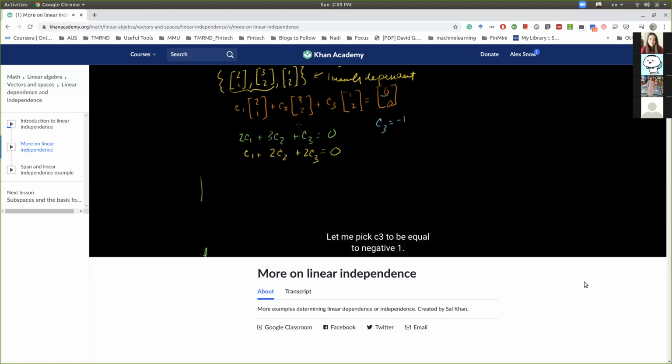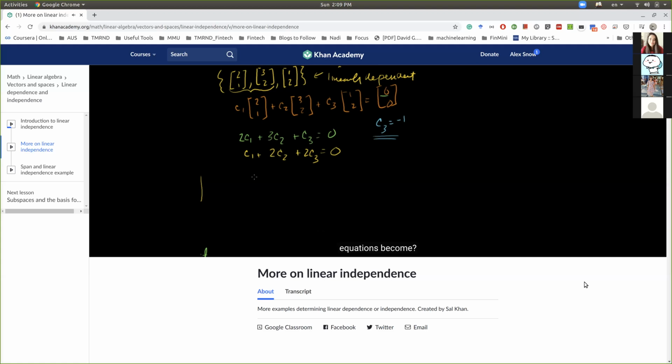So what would these two equations reduce to? If you have 3 unknowns and 2 equations, it means you don't have enough constraints on your system. So I just picked that out of a hat. I could have picked C3 to be anything. But if I set C3 to be equal to -1, what do these equations become?